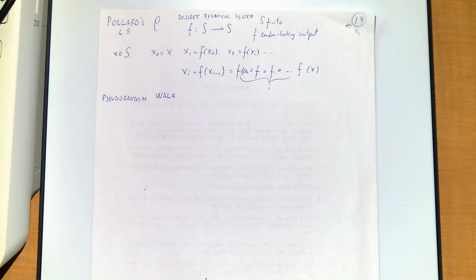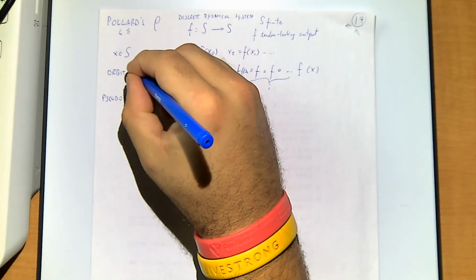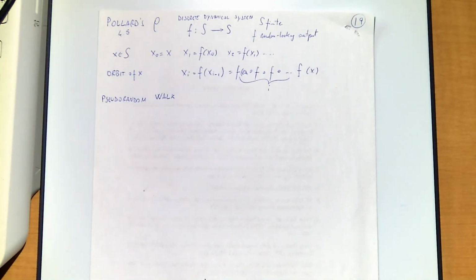But when we talk about a discrete dynamical system, like everything else, discrete refers to discrete objects like finite sets. A function that behaves this way is an example of a discrete dynamical system. And if we start from the element x, then the sequence of elements x0, x1, x2 is what we call the orbit of x by f.